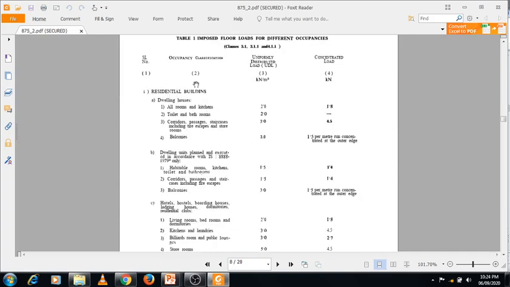And here we can see the different occupancy classifications, that is residential building. For that residential building, uniformly distributed load and concentrated load are taken. Okay, so this is IS 875 Part 2, 1987, for live load or imposed load.